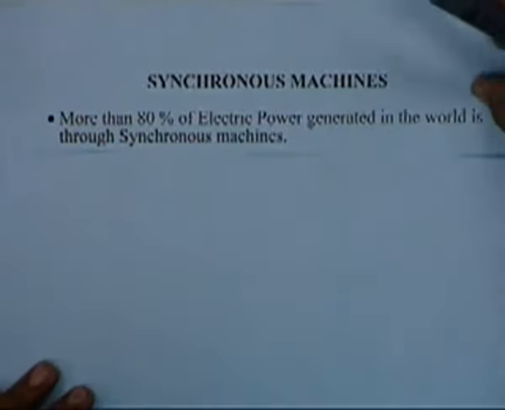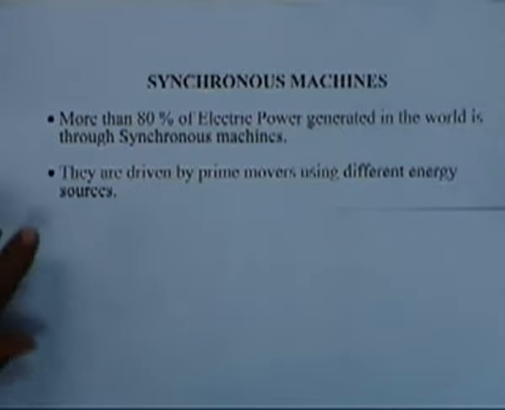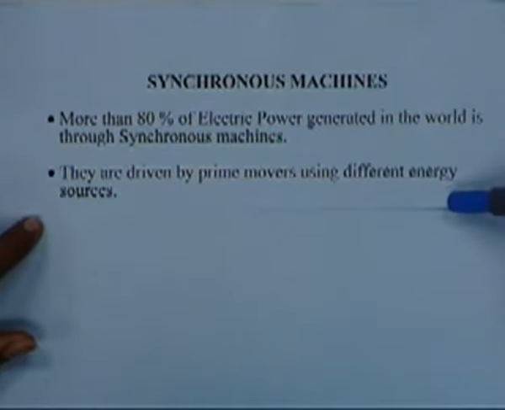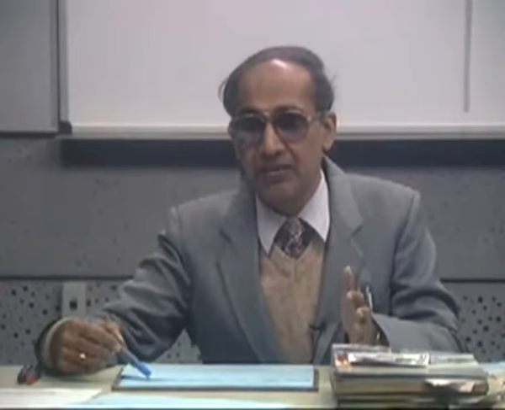Now, the other feature is that these machines are driven by prime movers using different energy resources. After all, the whole purpose of power generation is to convert the naturally available energy sources into usable electrical energy, and these synchronous machines are the devices which facilitate such a conversion of energy from one form to another.